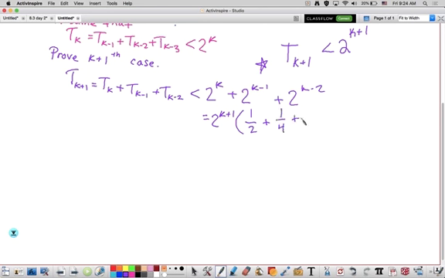And 1/8, right? Okay. Well, what's this equal to? 2 to the power of k plus 1 times, I think we already talked about this. This was how much? 7/8. This is 7/8. How am I going to get to where I want to get to? How am I going to get to here?